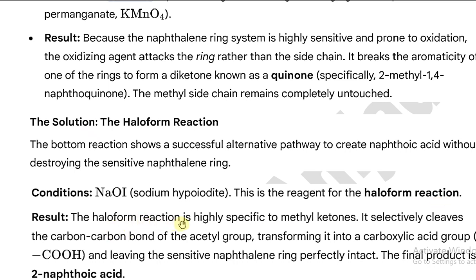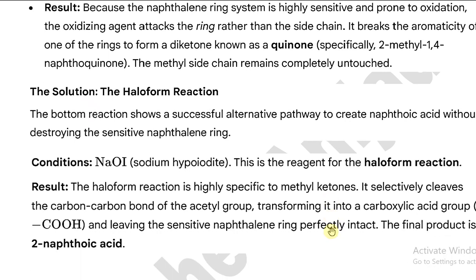The haloform reaction is highly specific to the methyl ketone. It selectively cleaves the carbon-carbon bond on the acyl group, transforming it into a carboxylic acid group, the COOH, and leaves the sensitive naphthalene ring perfectly intact. It will remain as naphthalene.